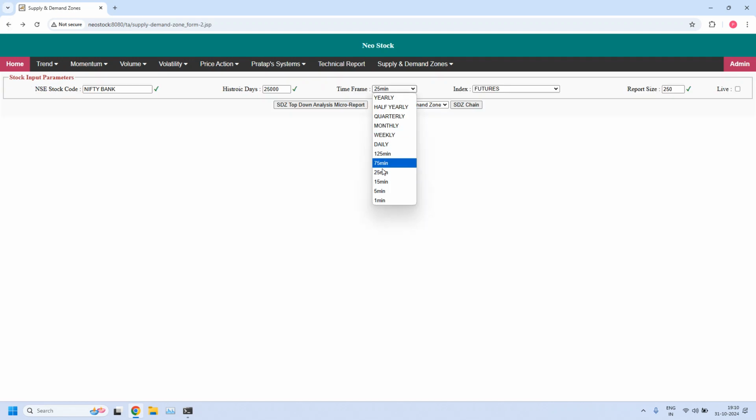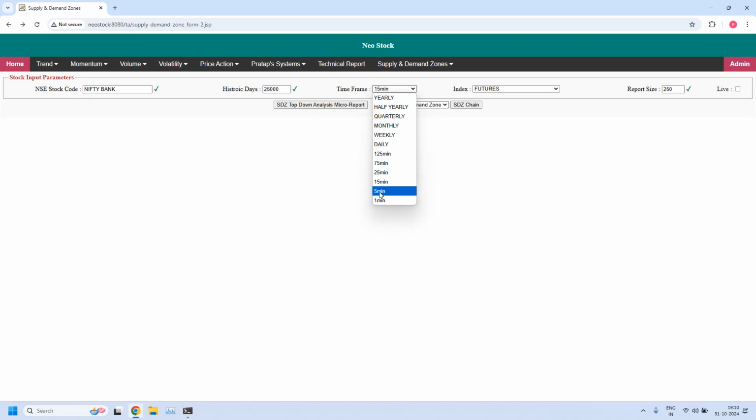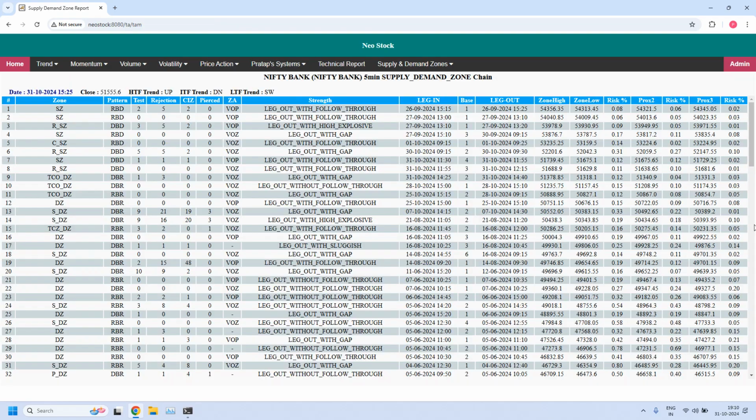Next time frame is 15 minutes, generating 15 minute chain. And the last time frame is 5 minutes, generating 5 minute supply demand zone chain for Bank Nifty. So with this we have completed the Bank Nifty supply demand zone chain.